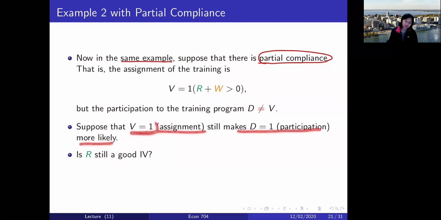So V equals 1 still makes D equals 1 more likely, so there is a positive correlation between V and D. When there is such partial compliance, is R still a good IV?